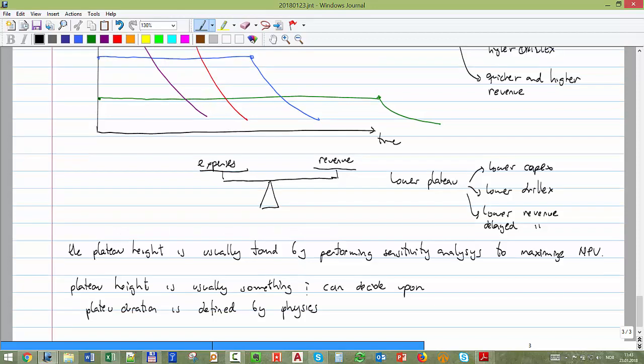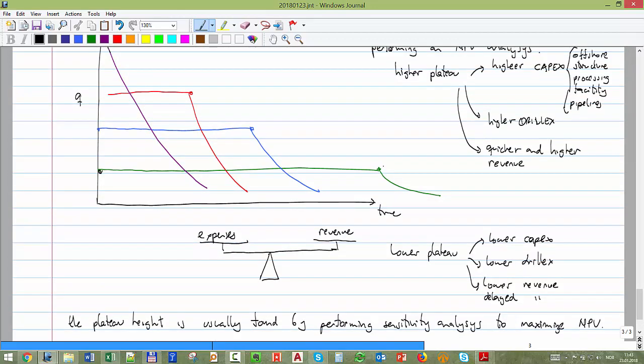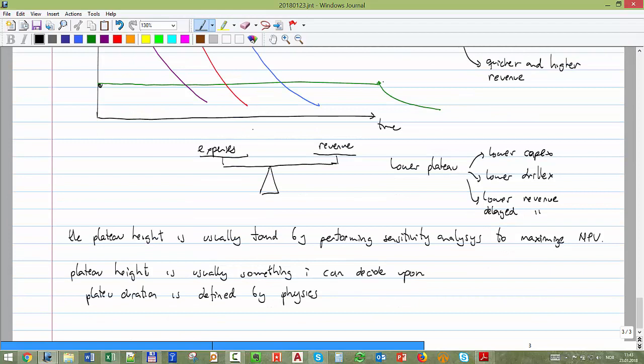If I define this rate, then I will have a plateau of 30 years. If I define this rate, I will have 15 years, and so forth. That number I cannot control. We will see later in the course that there are some measures to try to prolong the plateau a bit. But that's given by the system. That's a limitation of the system, and I have to live with it.